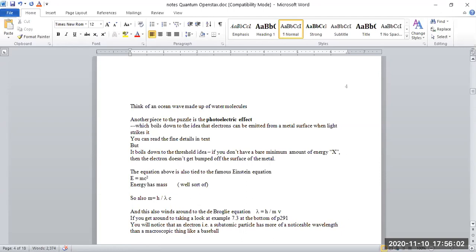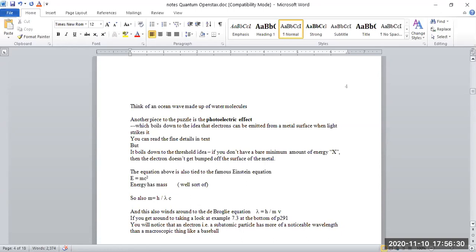And this sounds like a really strange idea, and yet it works. If you shine a light on a metal surface, usually it has to be metal because it has to be something that is capable of letting its electrons go with a certain amount of ease.